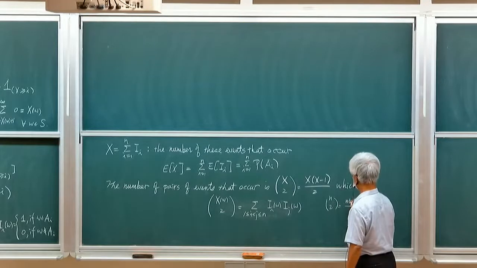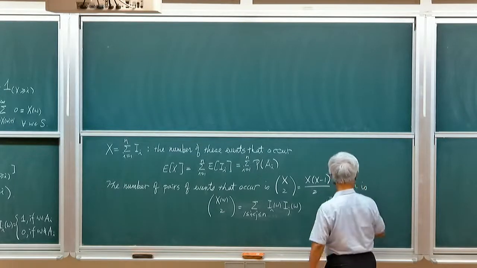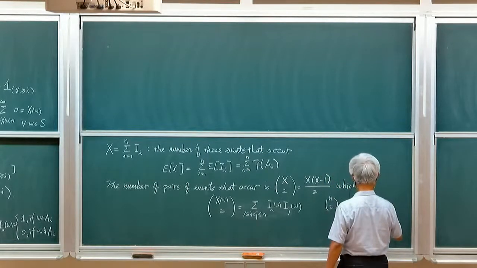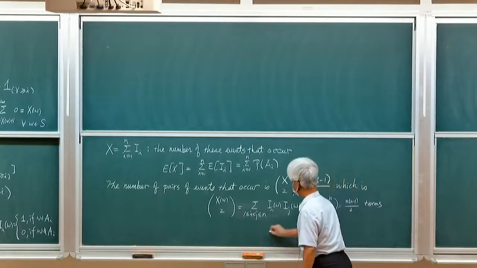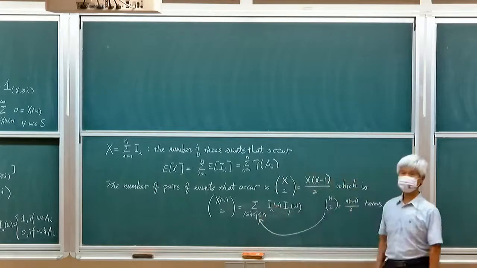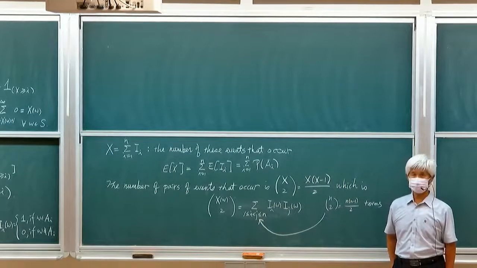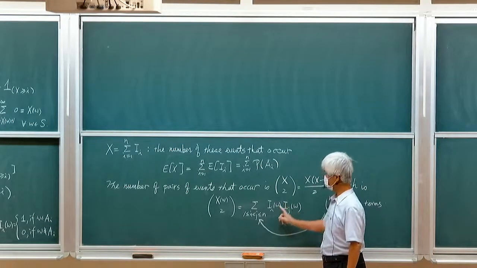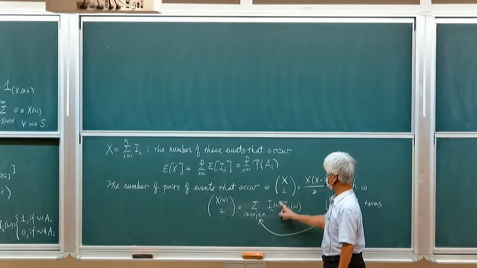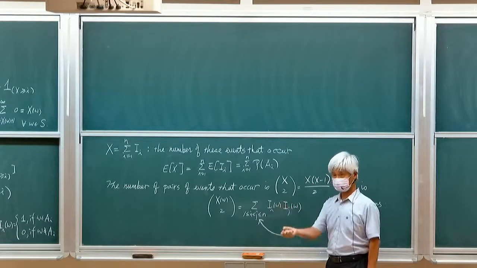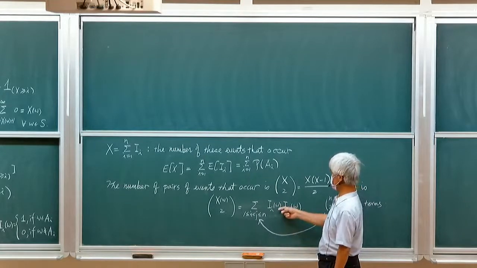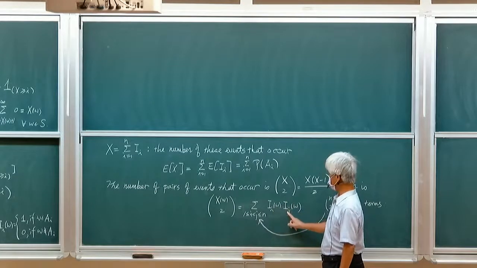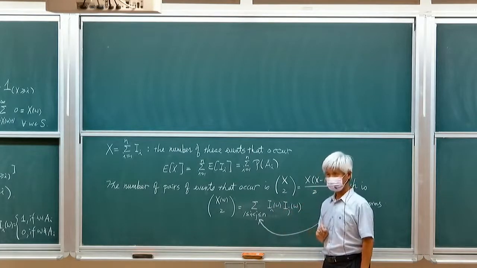Each term can be 0 or 1, and it is equal to 1 if and only if event Ai and event Aj occur simultaneously, together.